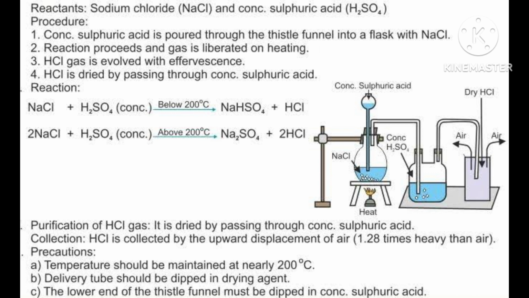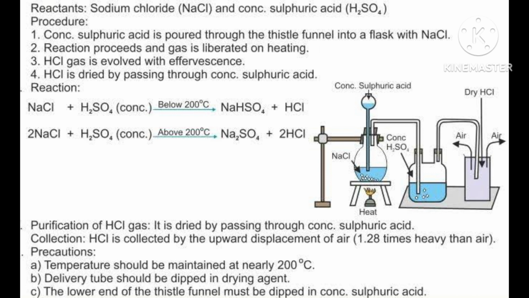HCl gas contains some moisture, hence it can be dried by passing through concentrated sulfuric acid, because concentrated sulfuric acid is a dehydrating agent. It absorbs the water molecules. Now properties of HCl I am telling you.